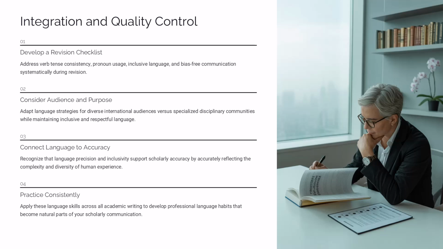When your language accurately reflects the complexity and diversity of human experience, your research findings and interpretations are more likely to be accurate and useful. Practice these language skills consistently across all your academic writing. Professional language habits develop through repeated application and become natural parts of your scholarly communication repertoire.